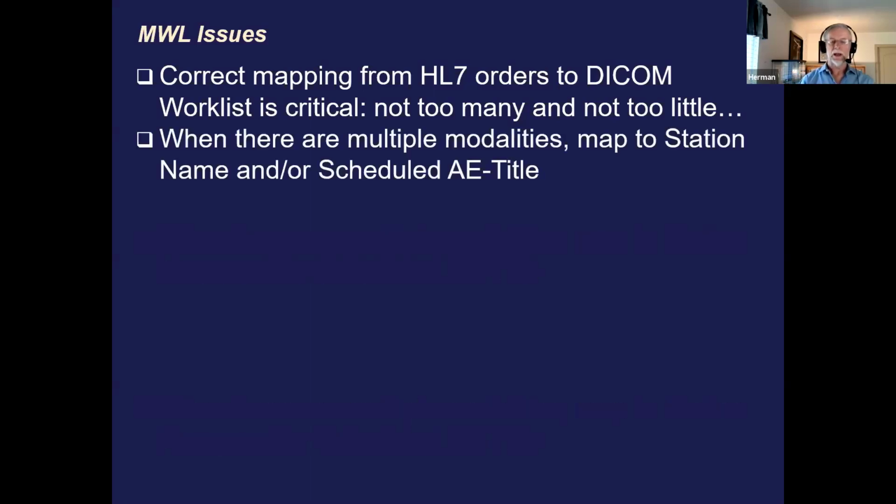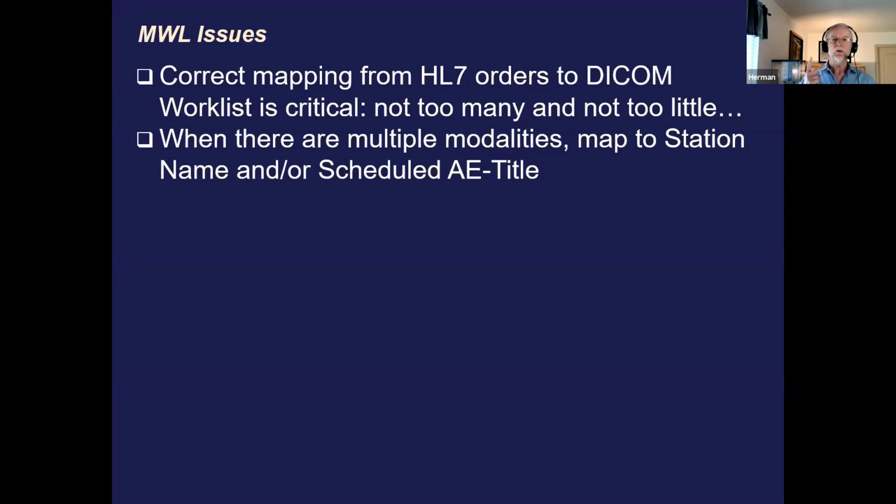So where there are multiple modalities, multiple CTs, multiple MRIs, there's a lot of different scenarios. There's an ultrasound that is used on Fridays for cardiology, for echo, and the rest of the week is used for radiology, right? How do we get the echo studies there on Friday? There's multiple modalities. How do we do that?